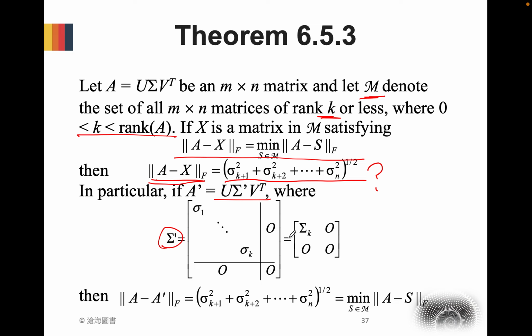So it can be written like sigma k, 0, 0, 0. Okay. So if we calculate A minus A prime and then take the Frobenius norm, it becomes this value, which is the minimum of the Frobenius norm of all possible A minus X. Okay, so this is the description of theorem 6.5.3.